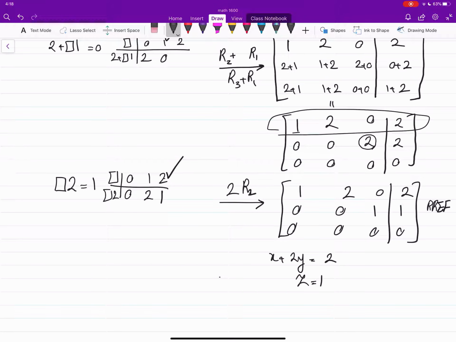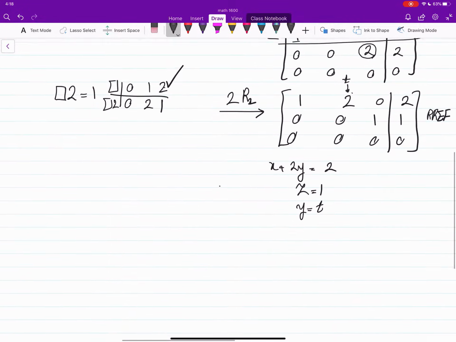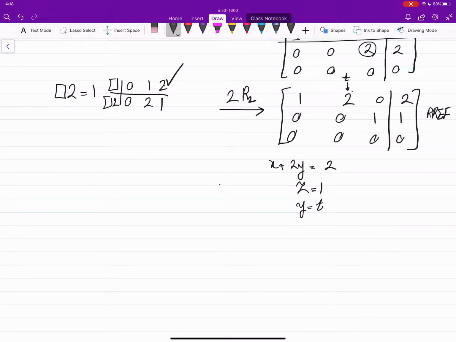How about y? Y is for a column without a leading 1, so that will be the free variable t. In other words, I have x plus 2t equals 2. I want to take t to the other side. How can I do that?